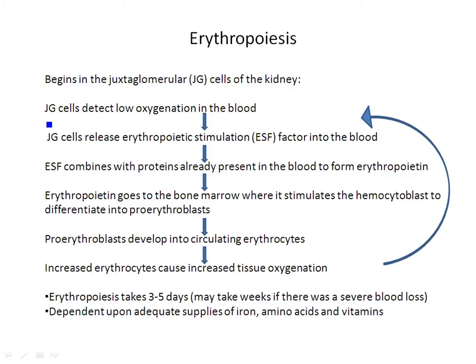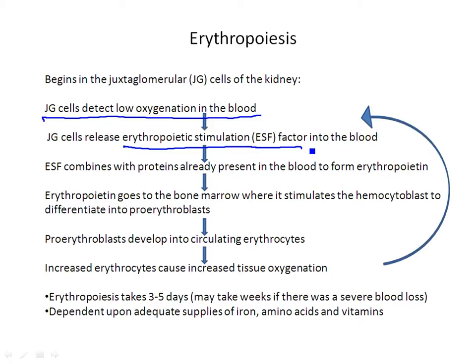So the first thing that would happen is these JG cells are going to detect low oxygenation in your blood. And once that happens, they're going to release a protein known as erythropoietic stimulating factor, that ESF. That's going to be released by those JG cells of the kidney and put into the bloodstream.